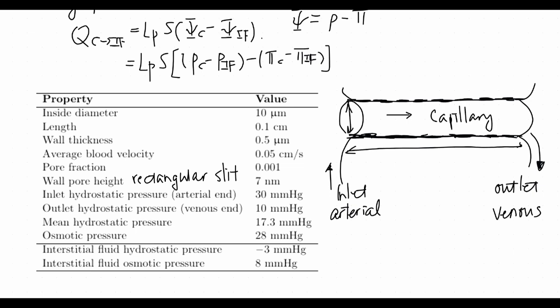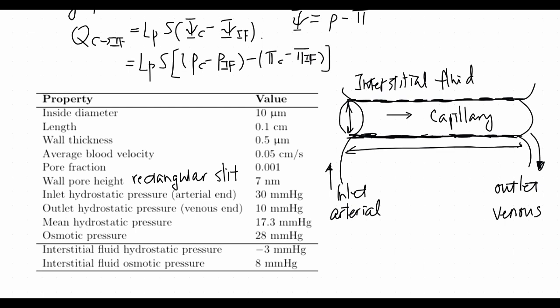Outside of the capillary is interstitial fluid. And for the interstitial fluid, it's also assumed to be uniform, with a hydrostatic pressure which is negative. It means it's compared to some gauge pressure, if you're thinking that way. This negative value is in dramatic contrast with the hydrostatic pressure within the capillary.